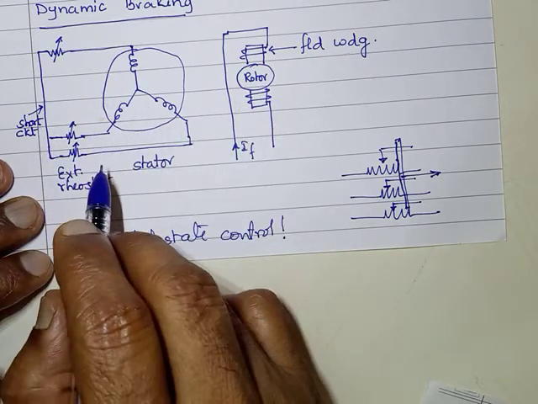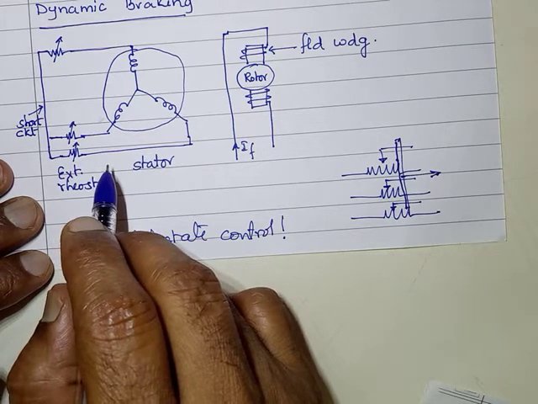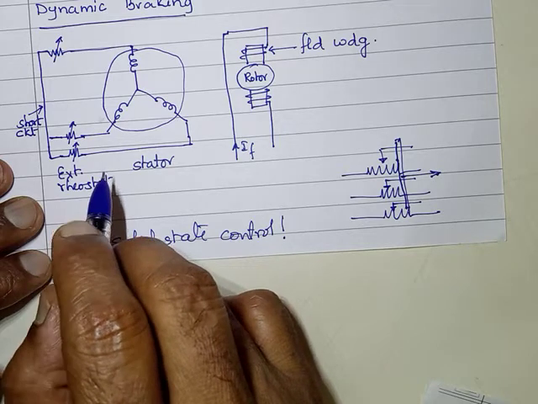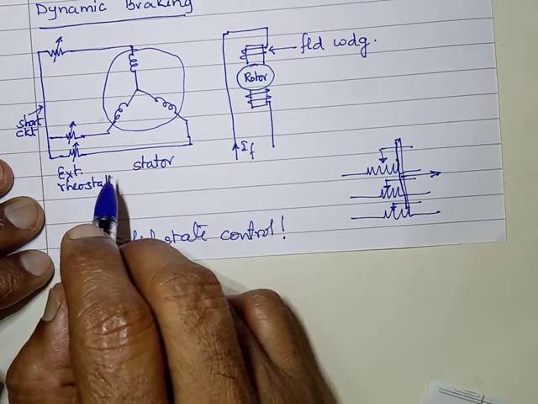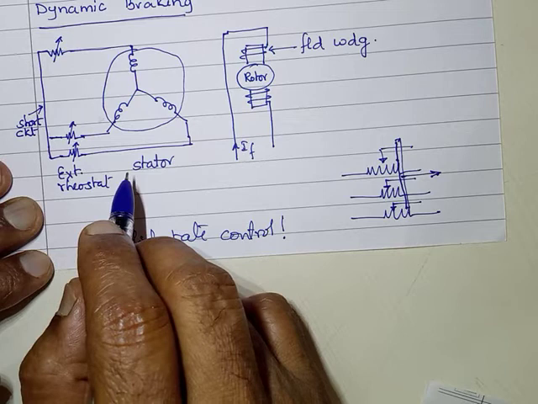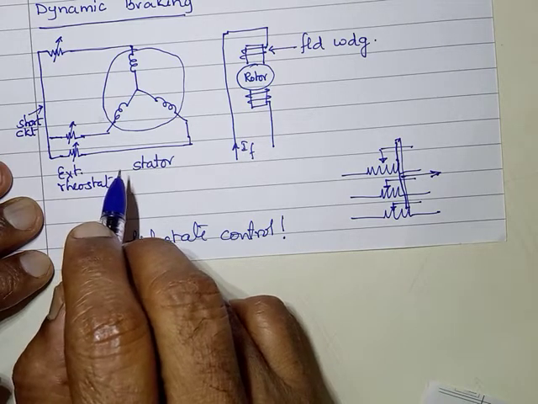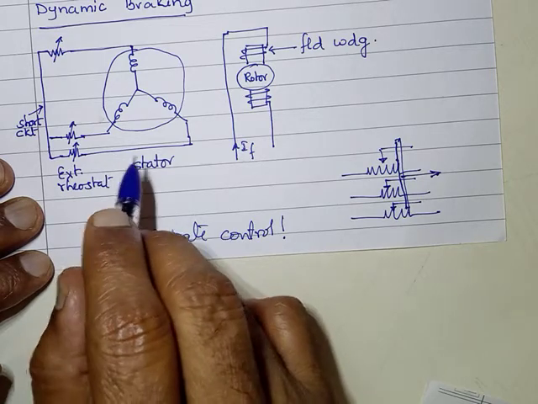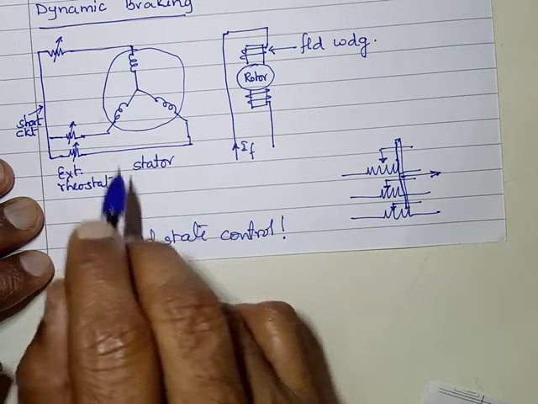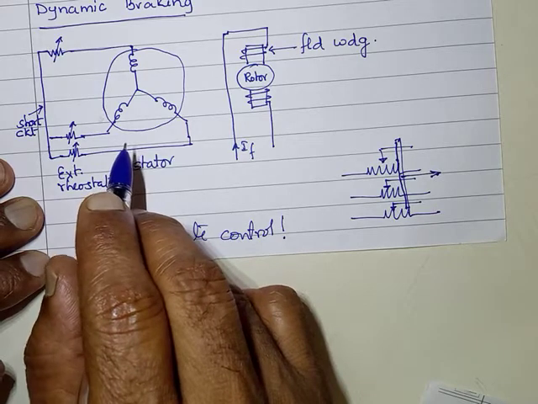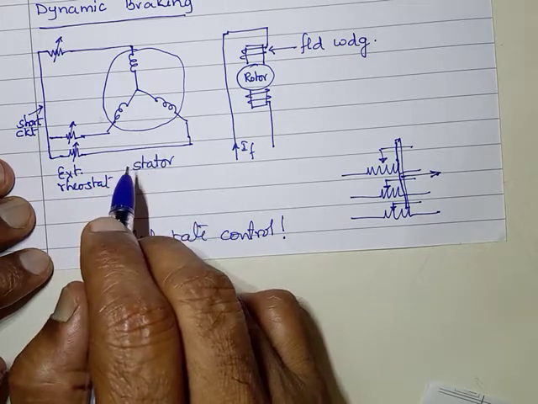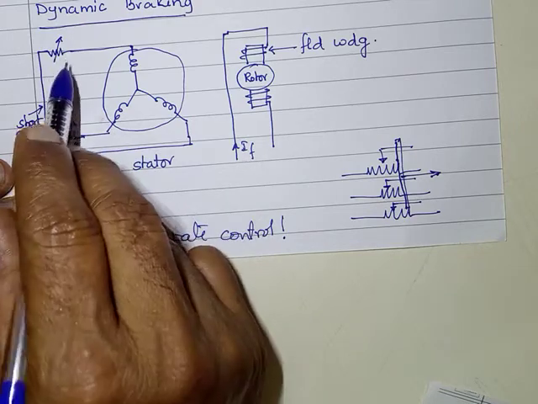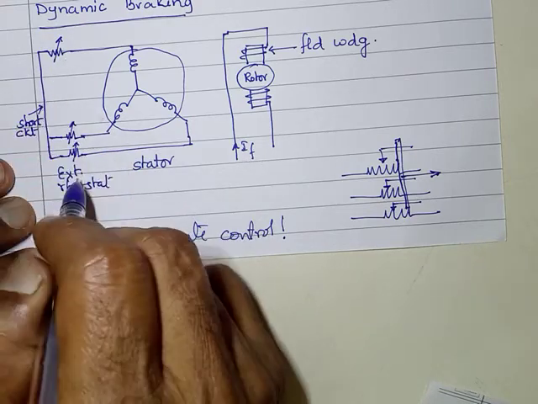That is why the efficiency becomes less, the economy becomes poor, and there will be issues like temperature rise. The whole thing becomes a little complicated, particularly when the motor rating becomes too big.